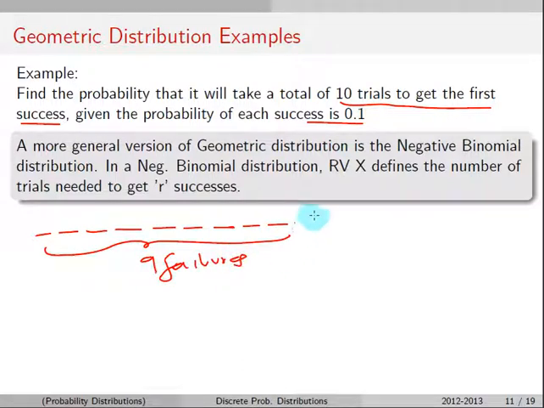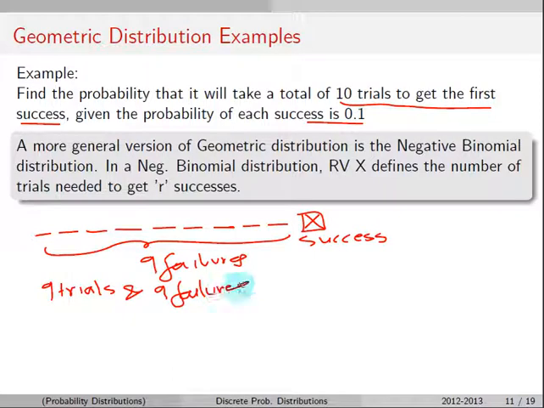And then finally the last one is a success. So if I have 9 trials and I have to get 9 failures, once again that's a binomial distribution, isn't it?